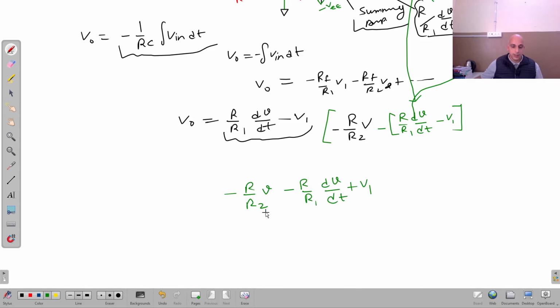So we know very well what we have written in the beginning, that this is equal to minus R upon R1 into dB upon dt, minus B1, minus R upon R2 B. Why have I written it this way?